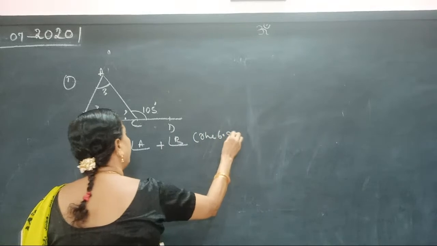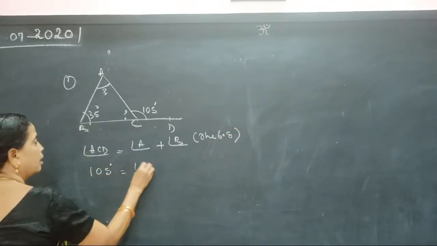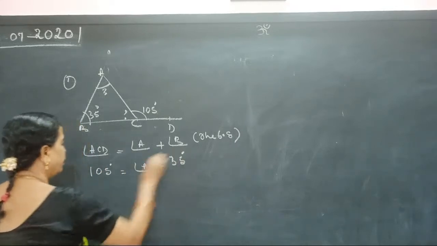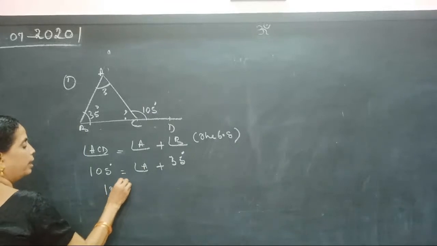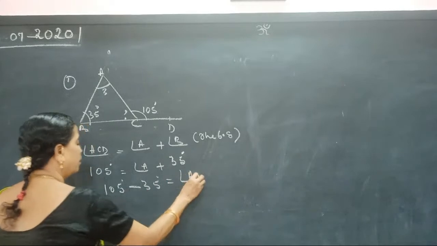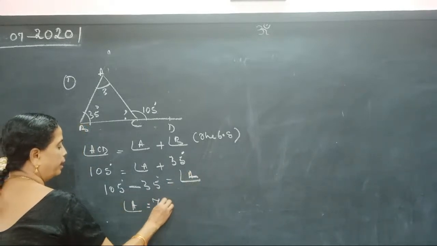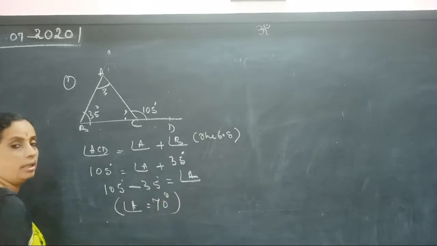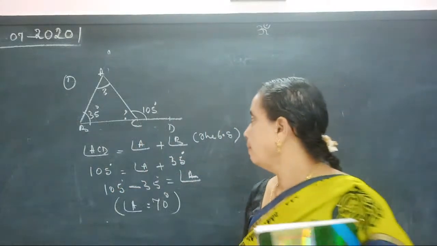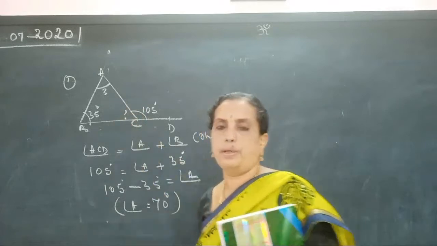Theorem 6.8. 105 degree equals angle A plus angle B, which is 35 degree. 105 degree minus 35 degree equals angle A. Therefore, angle A equals 70 degree. Have you all got the answer? A equals 70 degree.